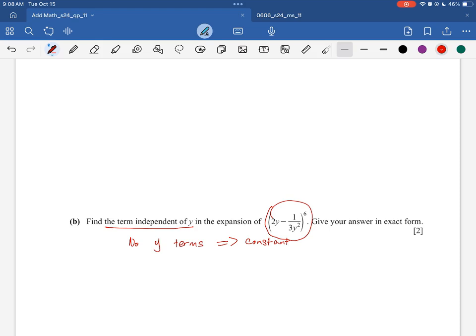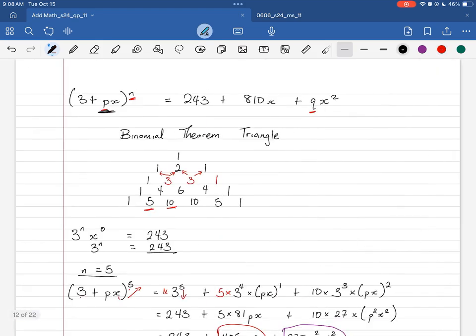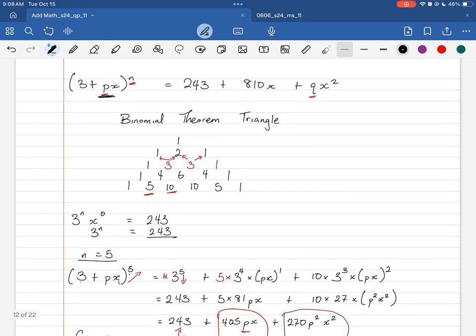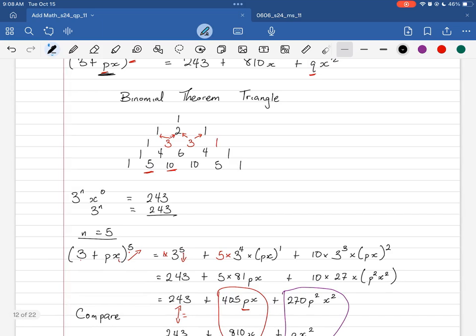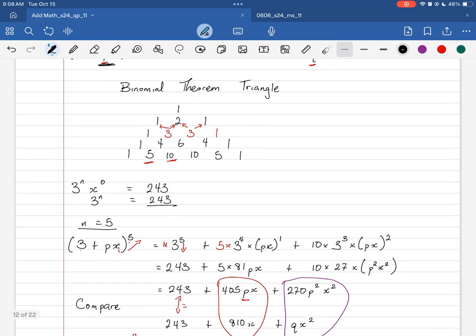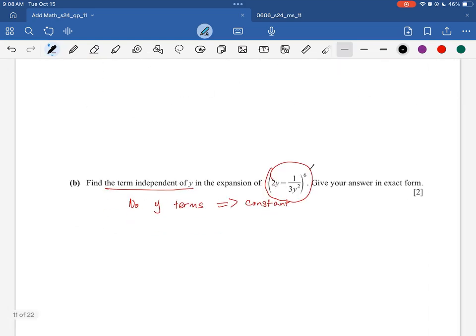Now, I didn't cover 6, so why don't we do that? For your triangle, because we need the numbers here to know what we multiply in front of each of these. So let's do it for 6 because our term here has 6 in it.